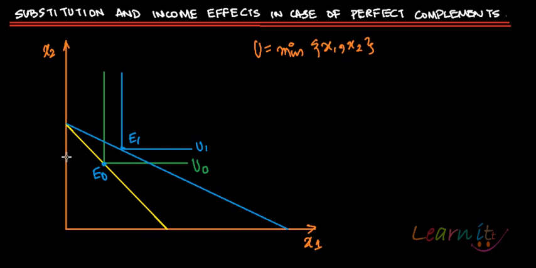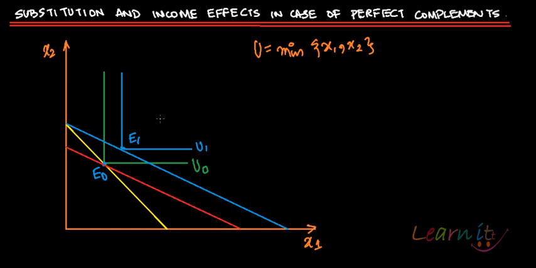So we create such a new budget line. Okay, note that it is passing through E0 and it is parallel to the new budget line.